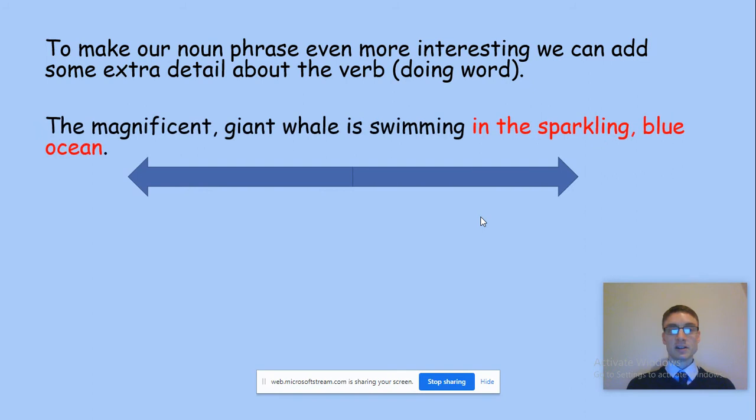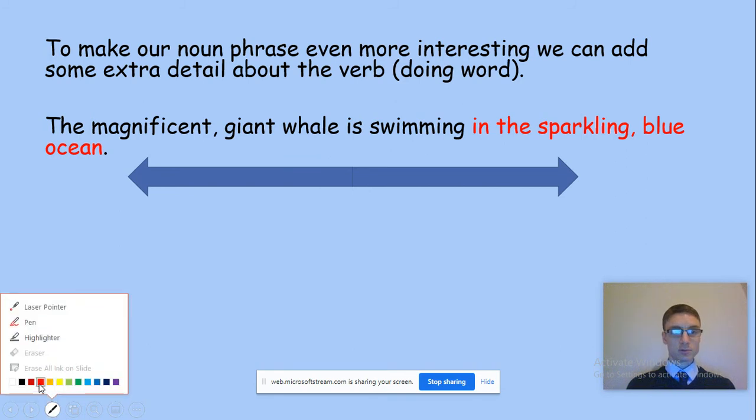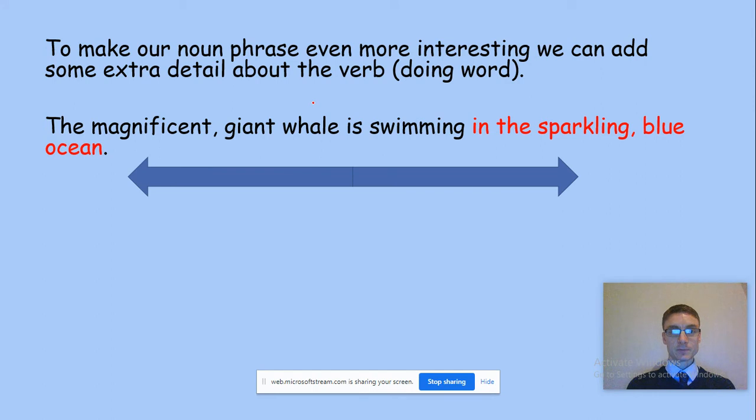Okay, so here we go then. The magnificent giant whale is swimming in the sparkling blue ocean. So they didn't just describe the whale, which was the noun. Here you go, if I circle it. But they also described the ocean. So they were the two nouns.